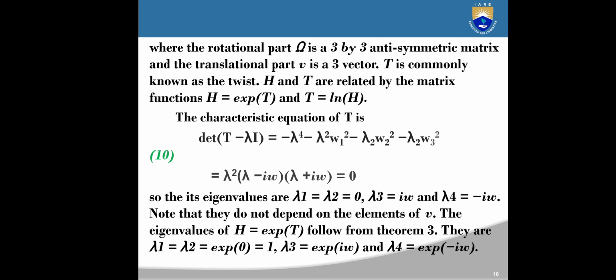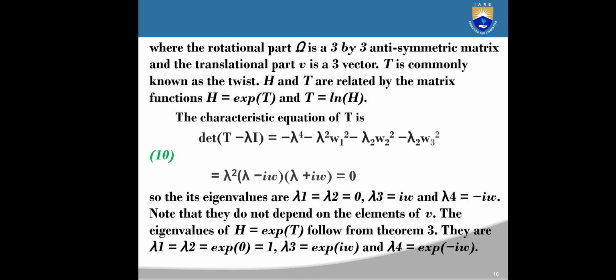H and T are related by the matrix function H is equal to exponential of T and T is equal to ln of H. The characteristic equation of T is that of T minus lambda I is equal to minus lambda power 4 minus lambda square omega 1 square minus lambda square omega 2 square minus lambda square omega 3 square, that is equal to lambda square into lambda minus I omega into lambda plus I omega, that is equal to 0.